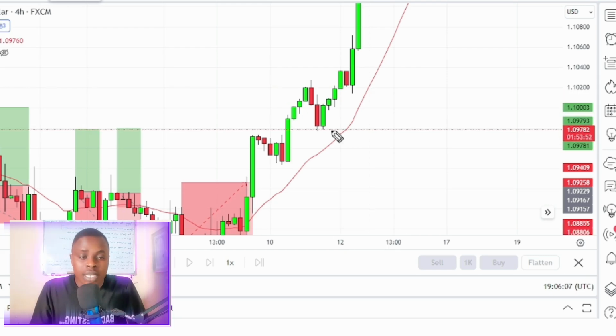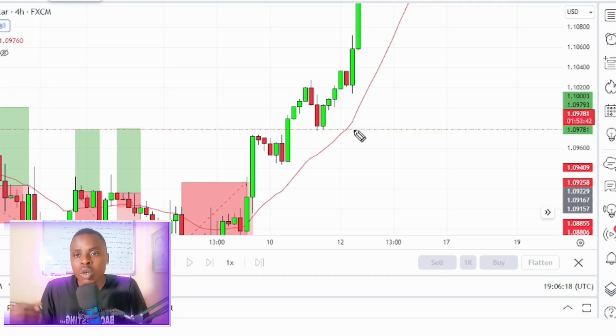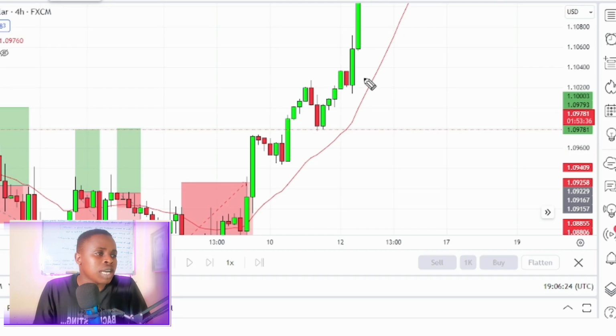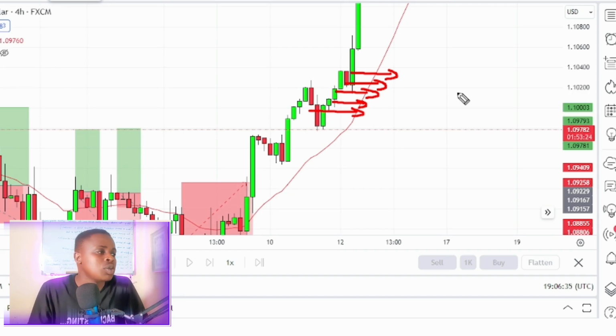So let's assume that this was a 5 period moving average. The 5 period moving average is calculated by finding the closing prices of the last 5 candles, and then you add them and then you divide them by 5, right? So let's say this was our 5 candles. So we will be taking the closing price of this candle plus the closing price of this candle plus the closing price of this candle, up to these 5 candles, and we divide them by 5.